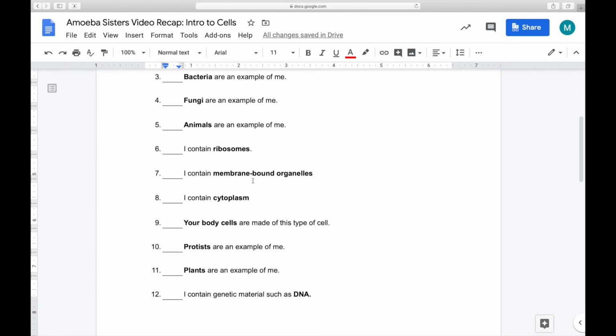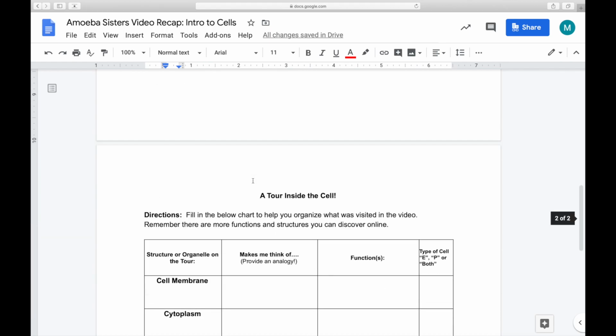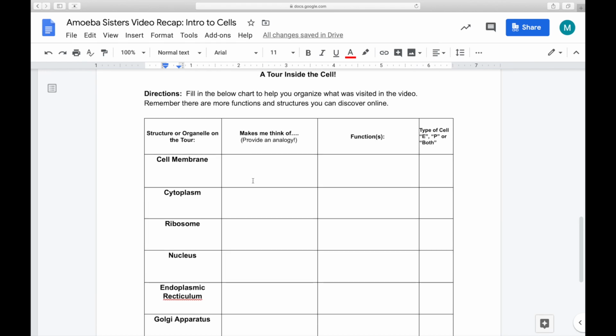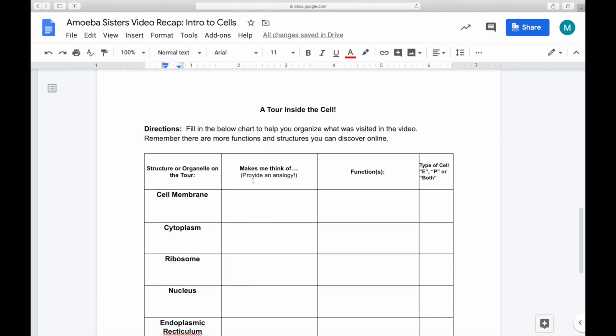After you finish that, you're going to go down, and this is a chart based off of the video, and you're going to fill in this chart. The video talks about these types of organelle structures inside the cell, and they talk a little bit about their functions and what they do.